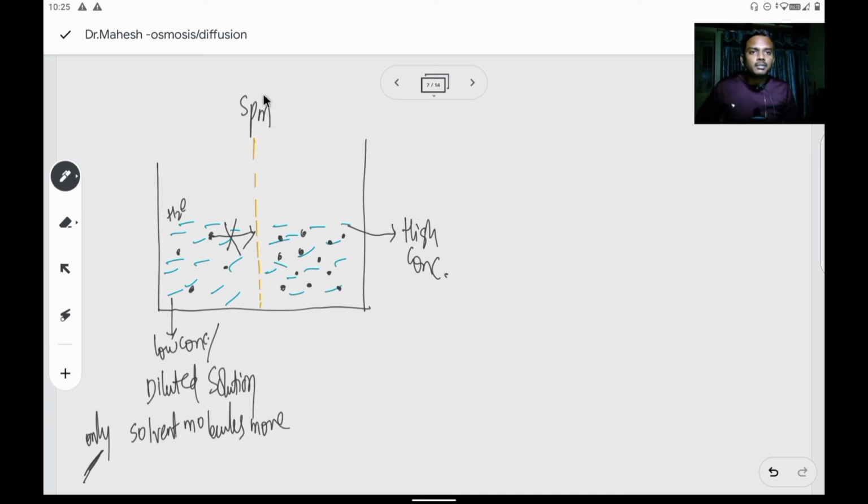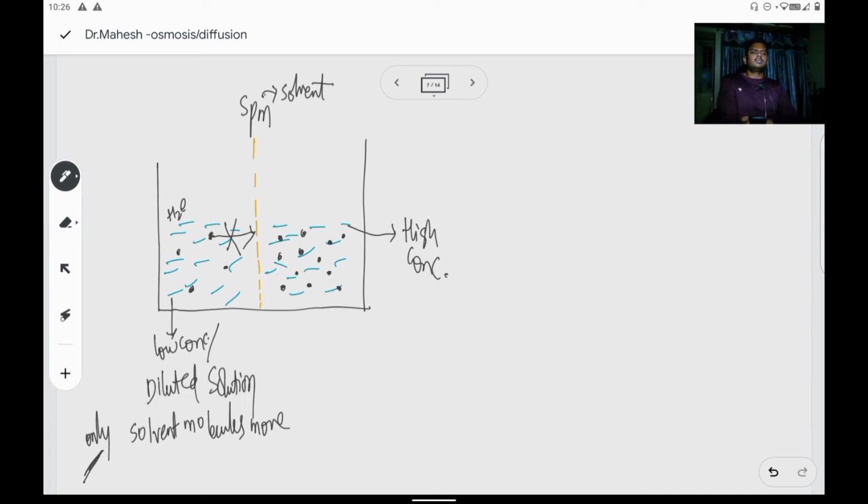This semi-permeable membrane is only giving access. It is like a security guard. It only allows solvent, not solute particles. Solute particles can't go through the semi-permeable membrane in this situation.